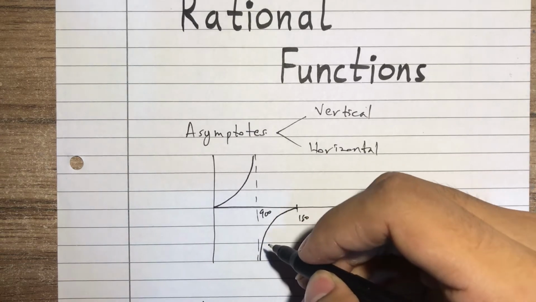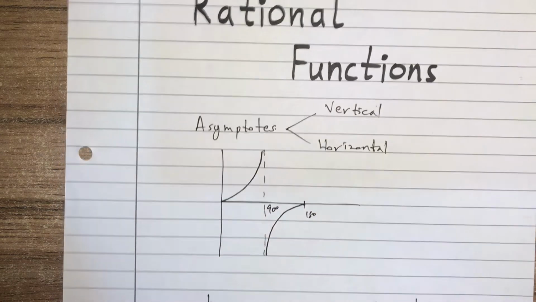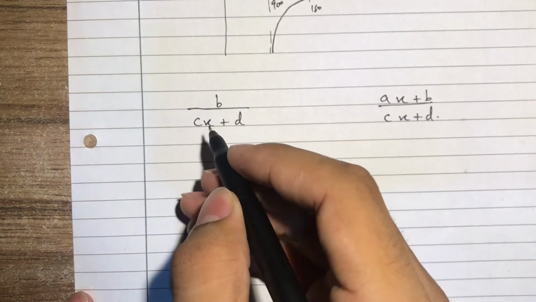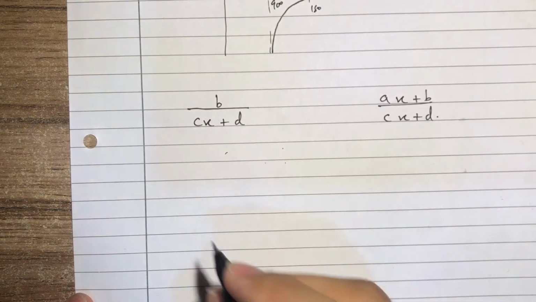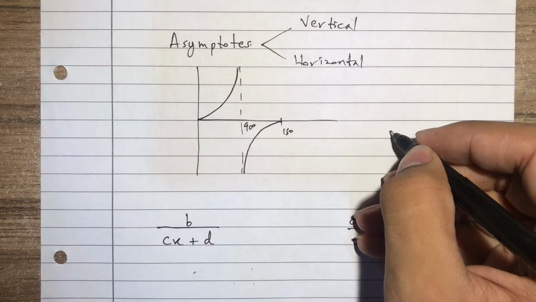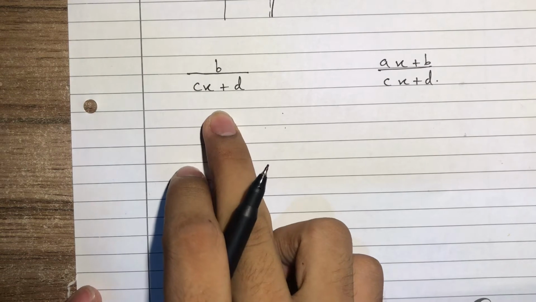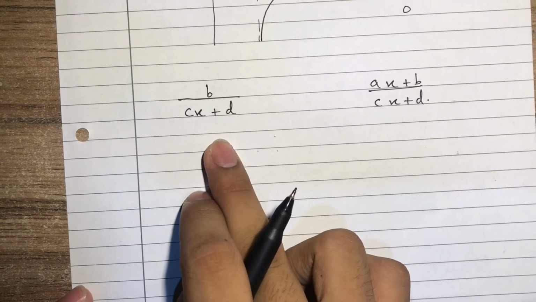It's infinite, right? It's undefined. So if its denominator is 0, anything divided by 0 is undefined, right? So if the denominator is 0, that means that this curve will be undefined.